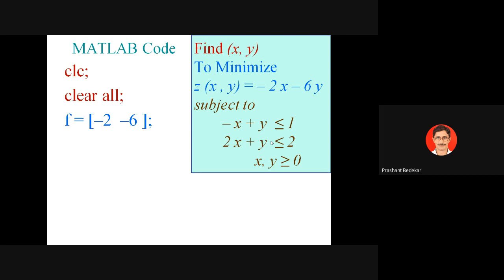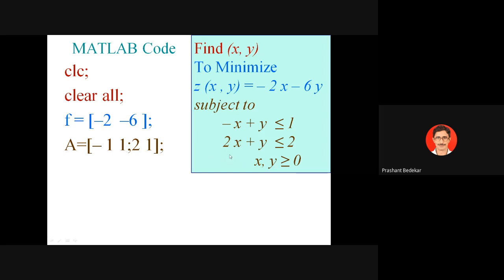Now talking about A. A is a matrix that takes care of the left hand side of the inequality constraints. For the first inequality constraint, the coefficients are minus 1 and 1. So the first row of A contains minus 1 and 1.